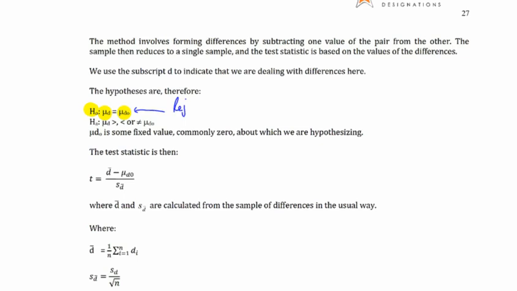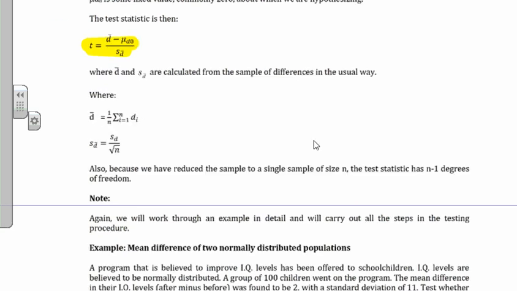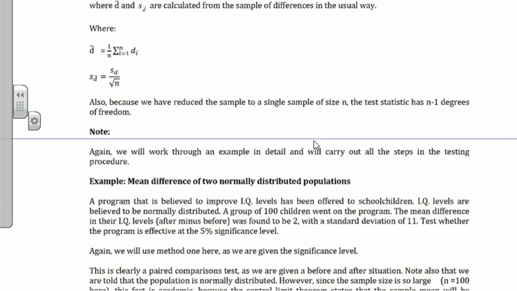I'm trying to reject the fact that they are the same in favor of the hypothesis that the one mean is either greater than or less than the other mean. Okay, here's your test statistic over there. Unfortunately it's a little bit of an interesting test statistic.